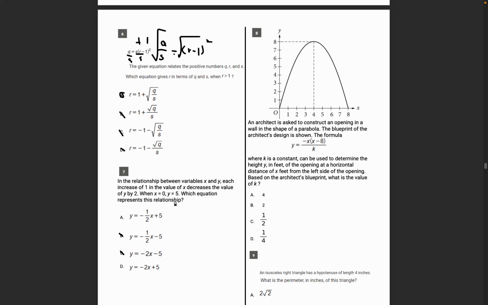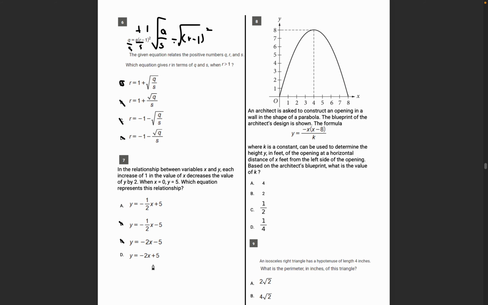So every increase of 1 in the value of x decreases the y value. Okay, so let's say x equals 0, right? And then x equals 1. So when x goes up by 1, the value of y decreased by 2. When x equals 0, y equals 5.